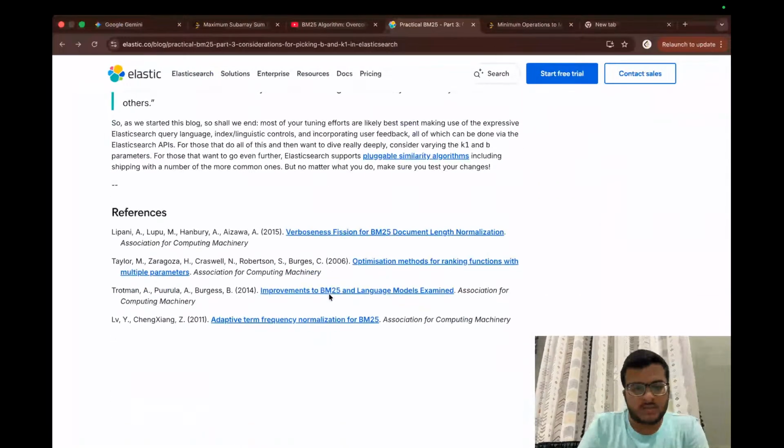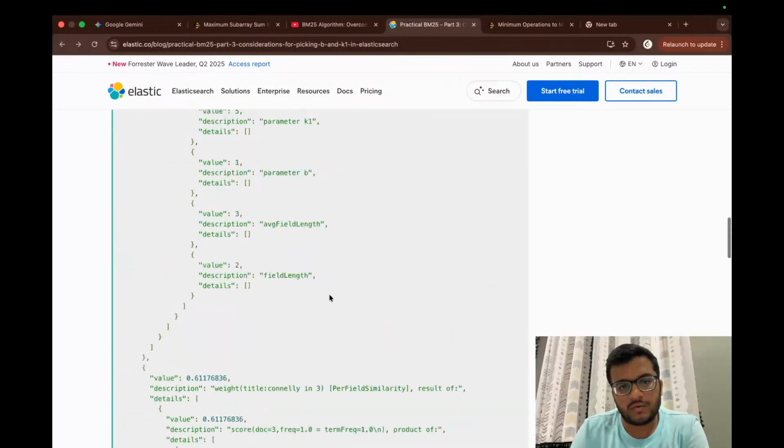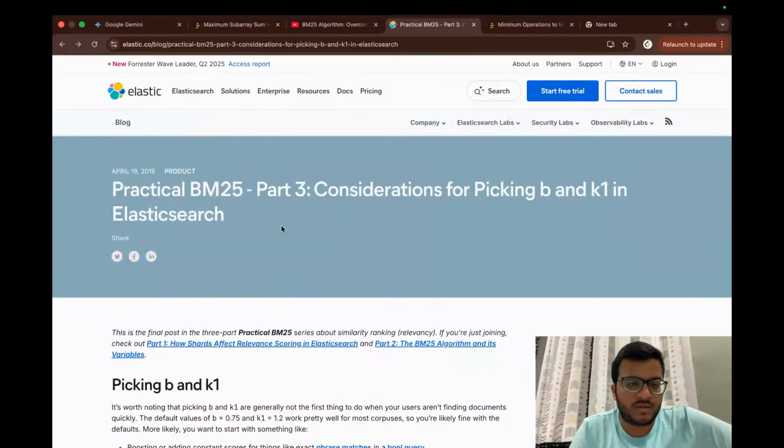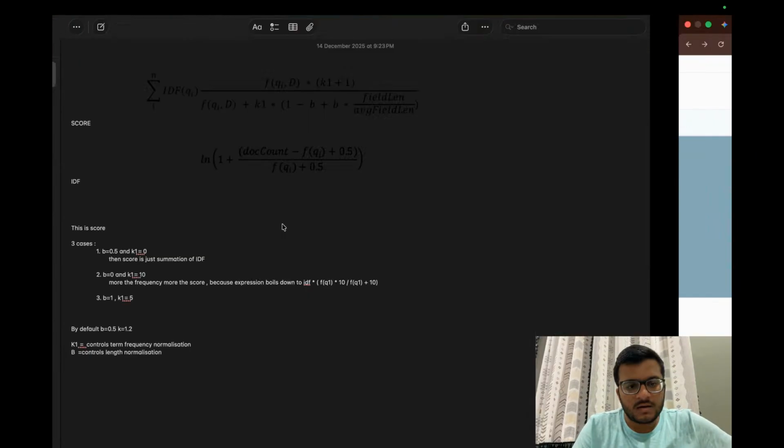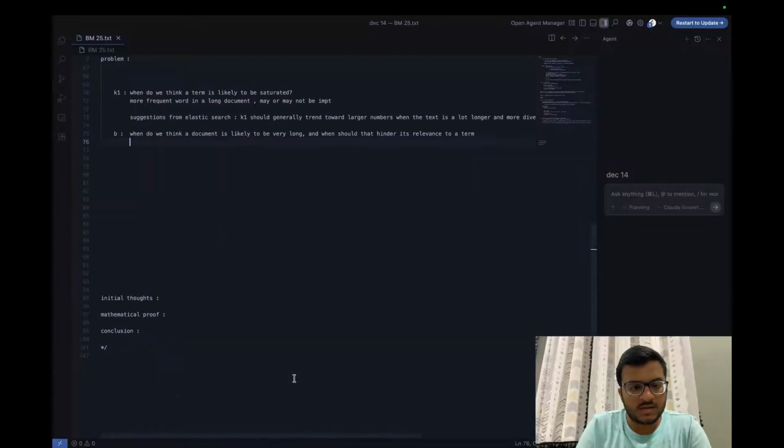This is one of the things that I wanted to share, and I have been exploring this for quite some time. With this, we covered three things in search engines.